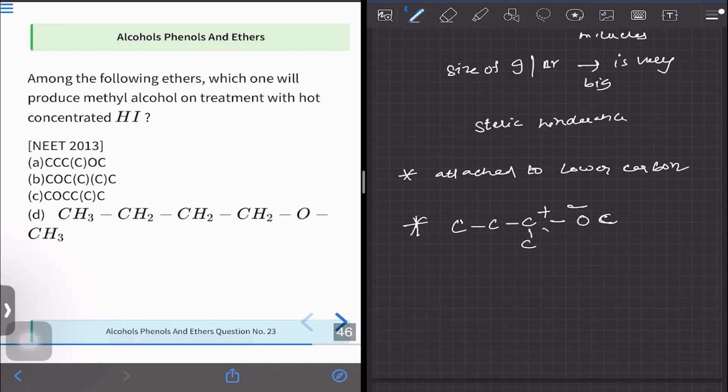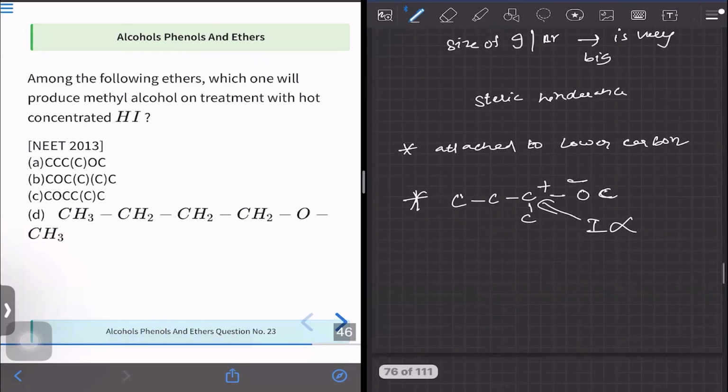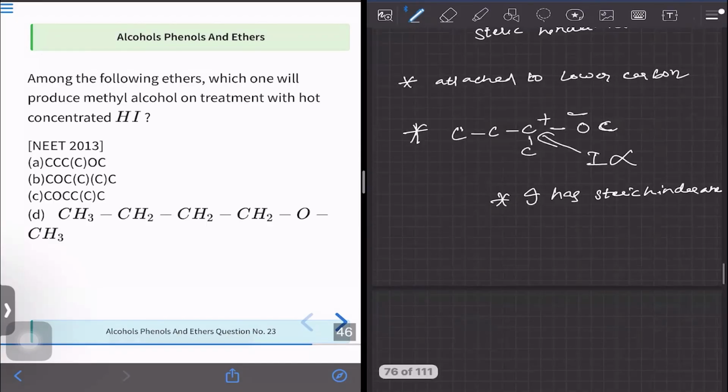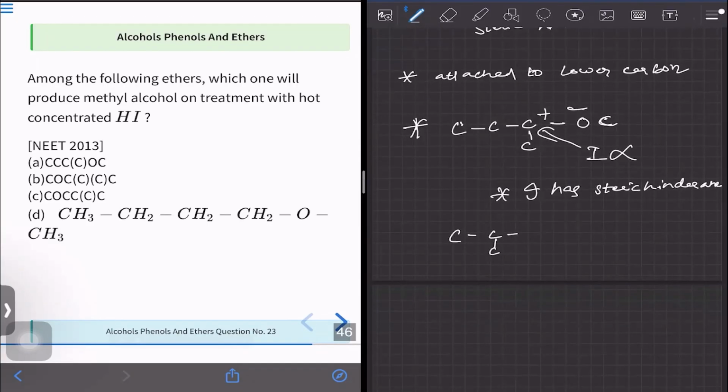So the halide should be attached here, but it is not correct because iodine has steric hindrance. So what does it form? CH plus and I minus. So it does not attach here. The compound will not be stable according to steric hindrance.